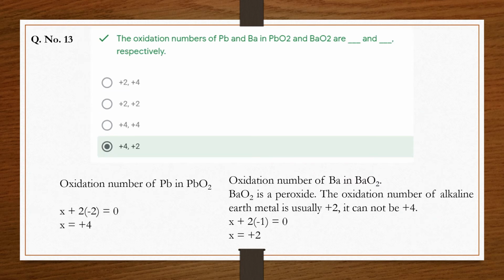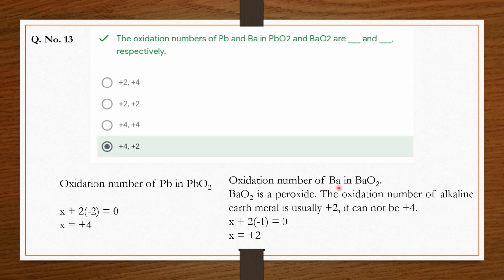The next question is: the oxidation numbers of lead and barium in PbO2 and BaO2 are dash and dash respectively. Most of them have answered +4 and +4. For lead oxide, there is no problem: if we take the oxidation number of lead as x and that of oxygen as -2, it gives us +4.